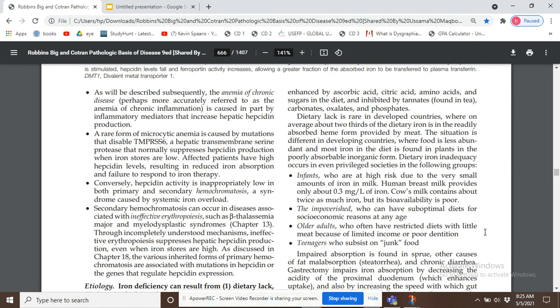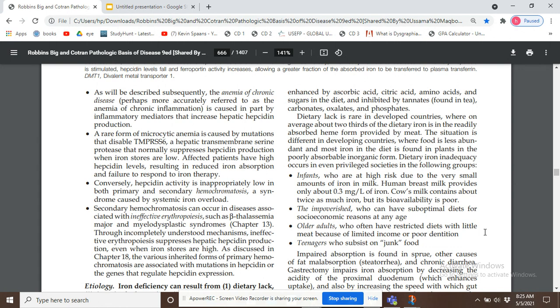Human breast milk provides only about 0.3 milligram per liter of iron. Cow's milk contains about twice as much iron, but its bioavailability is poor. So if a newborn below 6 months is taking cow milk, then there are more chances of iron deficiency anemia, because the bioavailability of iron is low in the cow milk.